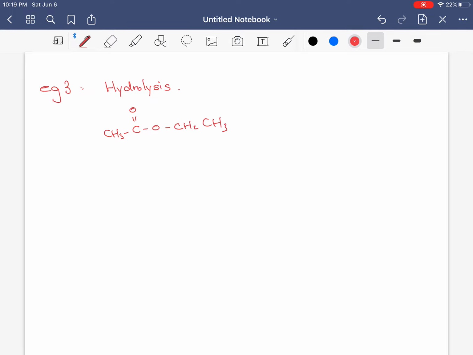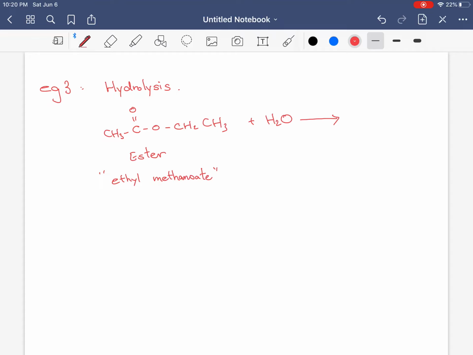So here's an ester. This guy is called ethyl methanoate. If you would put that in water, hydrolysis will occur. Now don't worry about the catalyst here.